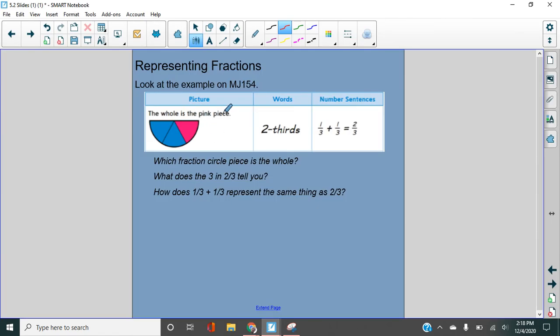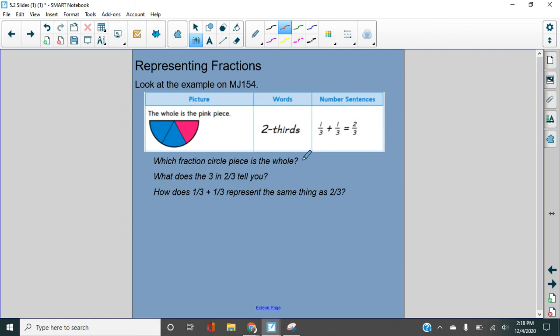Okay, this is just the example. If we want to show 2/3, then we have to break this into 3 equal pieces. And you can see they've done that. 1, 2, 3. And then covered up 2 of them. This is just like the one we did earlier with the blue pieces. So 2/3, and we could write that as 1/3 plus 1/3 equals 2/3.